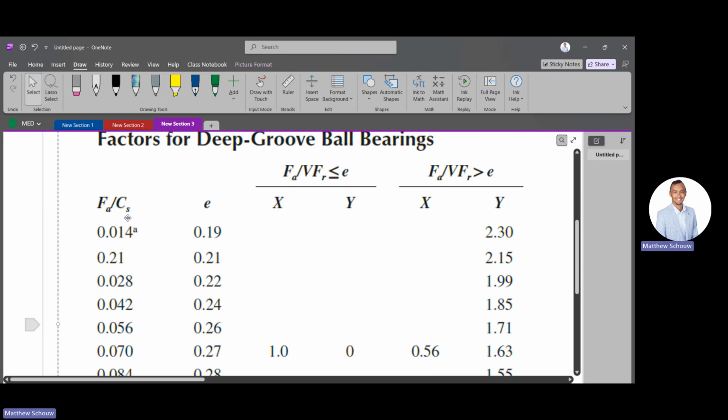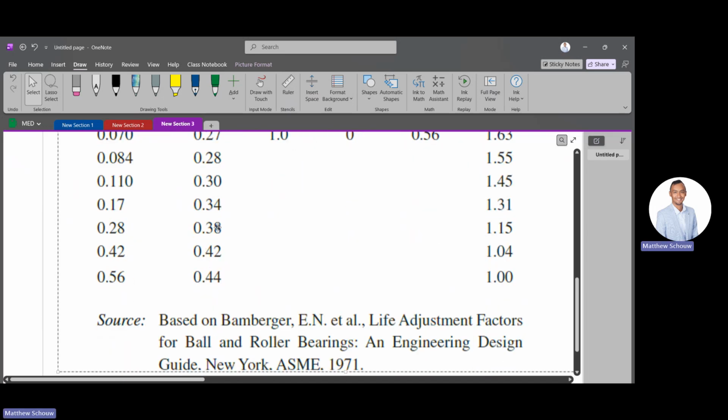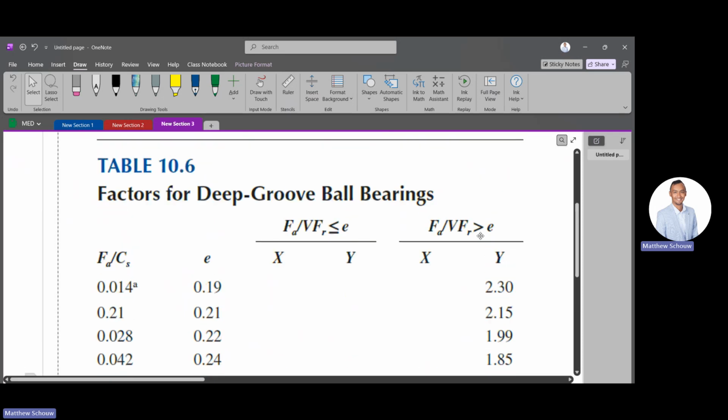That's the first thing we need to do. Once we have that, we need to find that e factor, which I've mentioned before. Based on that e factor, we're then going to distinguish whether we're over here or over there, right? Then these X and Y factors depend on a few things. As I mentioned before, I'm not always sure of these things all the time, but that's the idea.